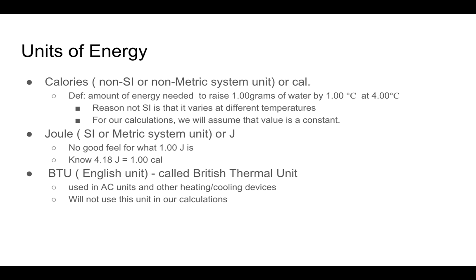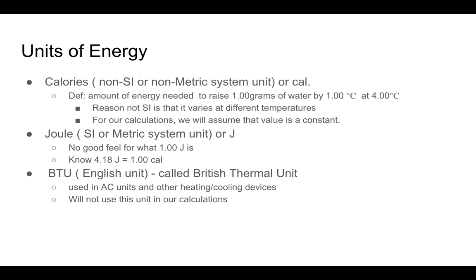If it's at a different temperature, you have different numbers, but they're really the same. So if you're not at 4 degrees C, maybe it's 0.9997. So we'll call it 1 all the time.